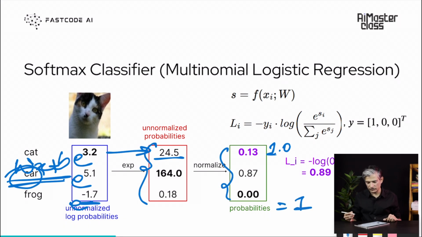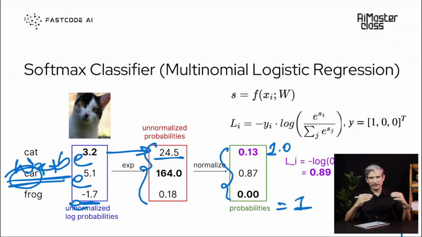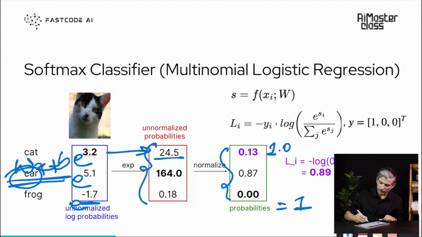So it's a probability distribution at this point, because we have exponentiated it and then divided it by the sum of all the exponents. So now we want it to be 1, and if it is not 1, we are unhappy. So we want to reduce our unhappiness.